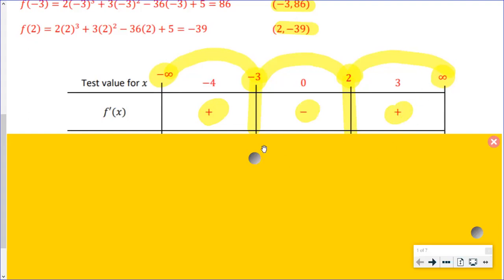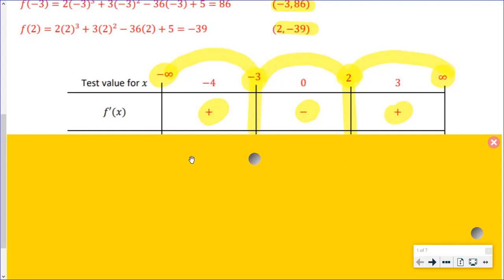What does that mean? Well, it does mean something. It means that the graph of the derivative is above the x-axis in between -infinity and -3, below the x-axis in between -3 and +2, and in between +2 and +infinity above the x-axis.